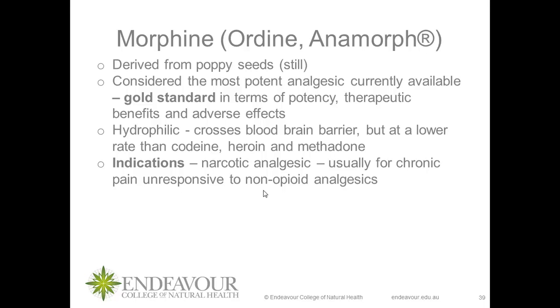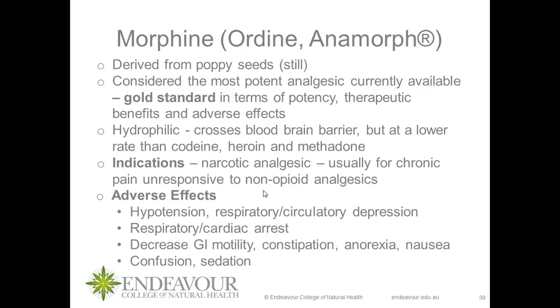Morphine would be indicated for wherever the pain was chronic, but furthermore, in this stepwise pain management strategy for pain that was unresponsive to non-opioid analgesics. Morphine is also the golden standard by which we compare adverse effects of all the other opioids.